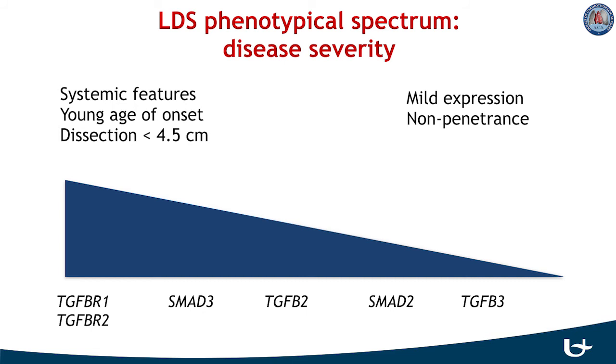Families with mutations in TGF-beta 2, SMAD2, and more recently TGF-beta 3 seem to have a milder expression, with examples of mutation carriers who never develop aortic disease, so-called non-penetrant individuals.